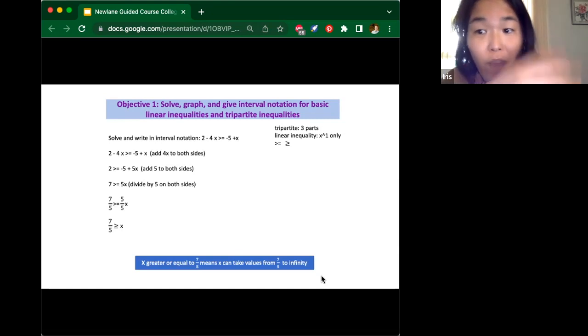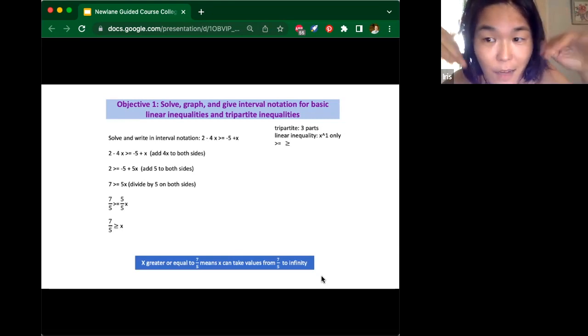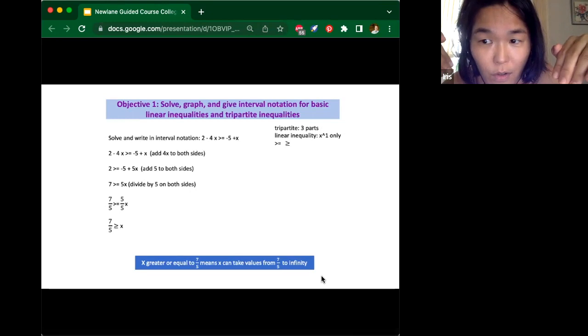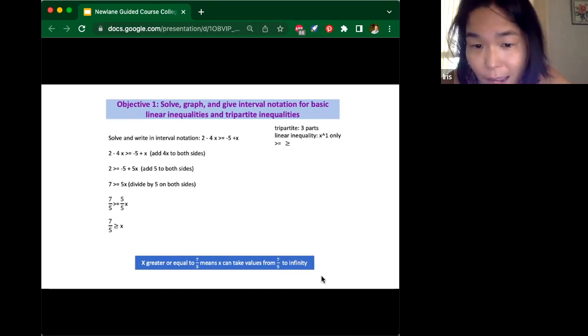So now I have the number 7 on one side and 5x on the other side. And so now I can divide everybody by 5. I get 7/5 greater or equal to 5 divided by 5 times x. So 5 divided by 5 is 1. So I cancel. Basically, I have 7/5 greater or equal than x.